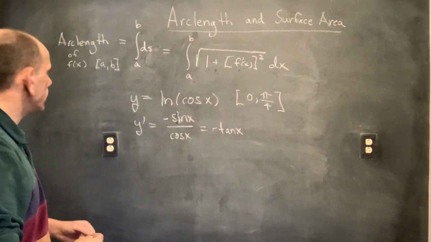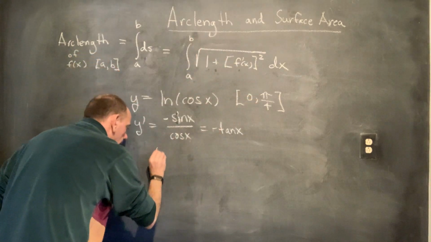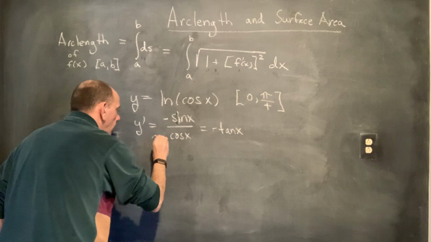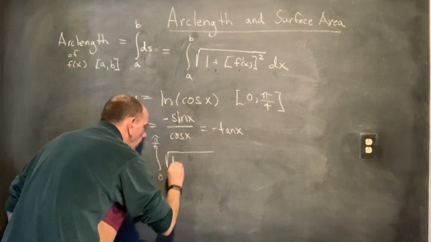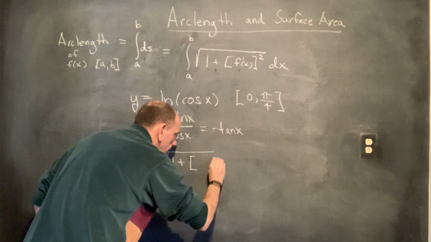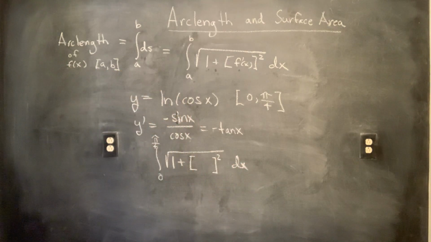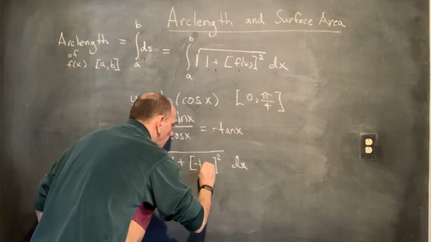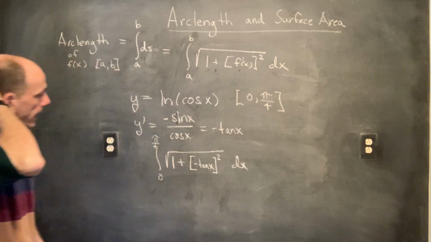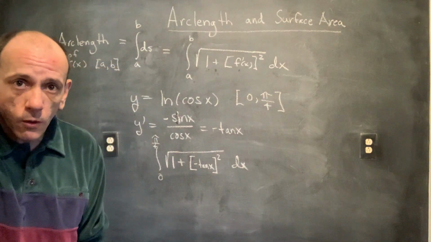All right, so I know what the derivative is. Now I should be able to set up the integral from a to b, integral from 0 to pi over 4, square root 1 plus my derivative squared dx, and the derivative was negative tan x. Now the tangent is defined on the interval from 0 to pi over 4.